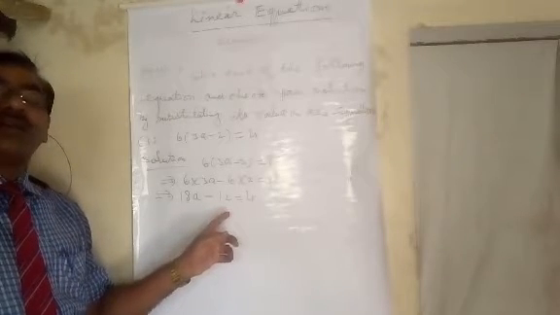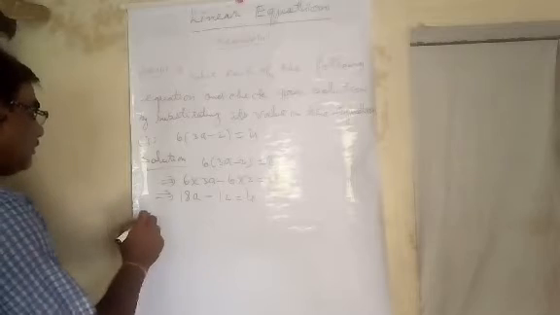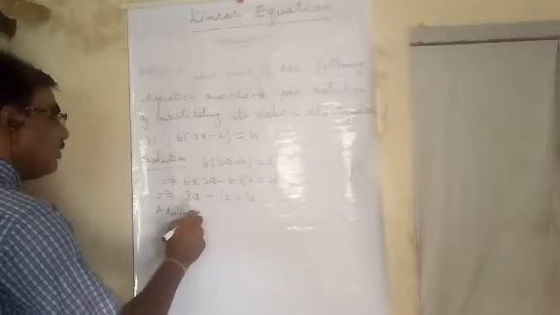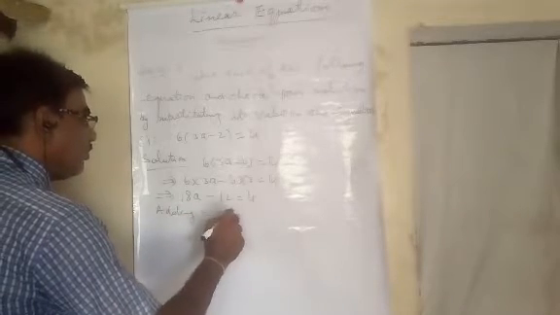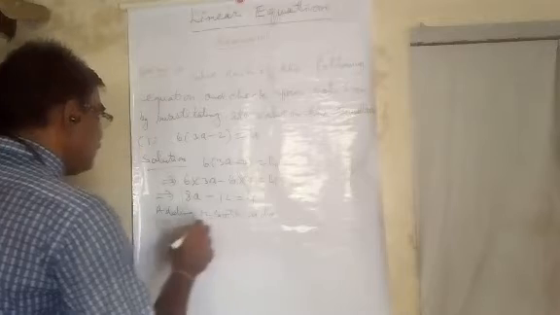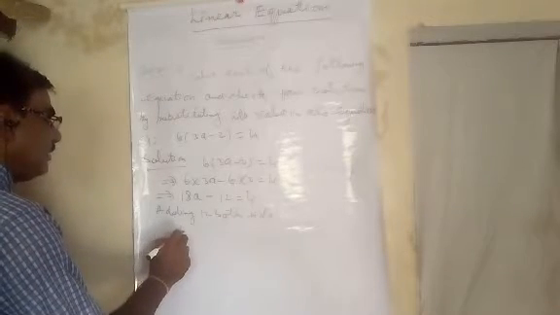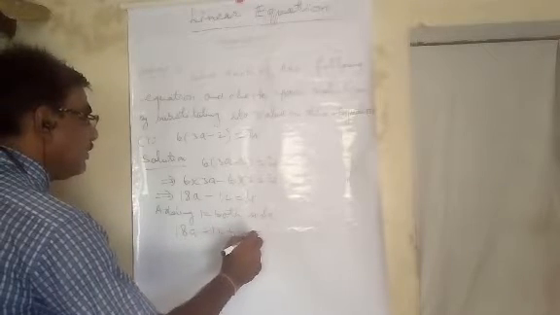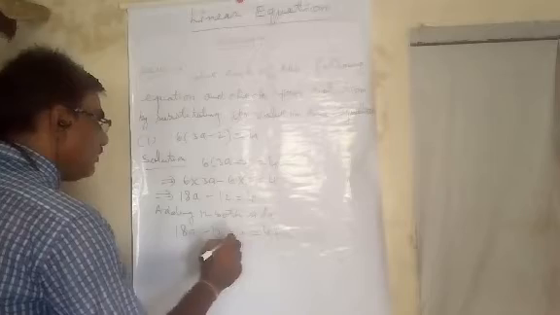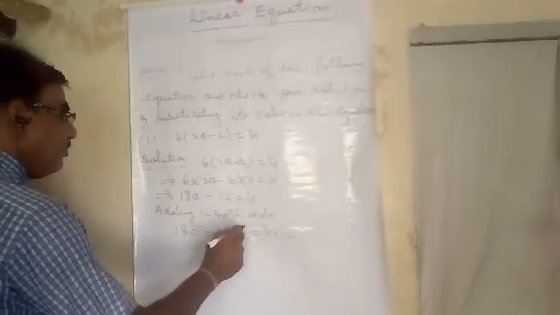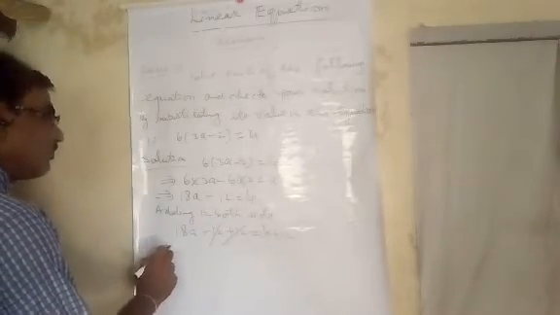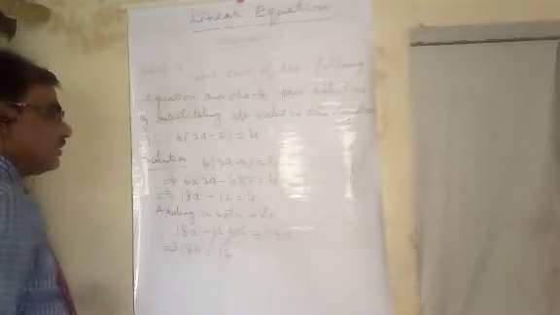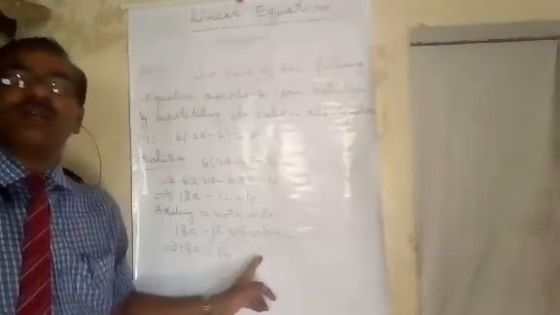Now here is minus 12, so we add 12 to both sides. It will be 18a minus 12 plus 12 equal 4 plus 12. Here minus 12 plus 12 cancel. Then it will be 18a equal 16, adding 12 plus 4.